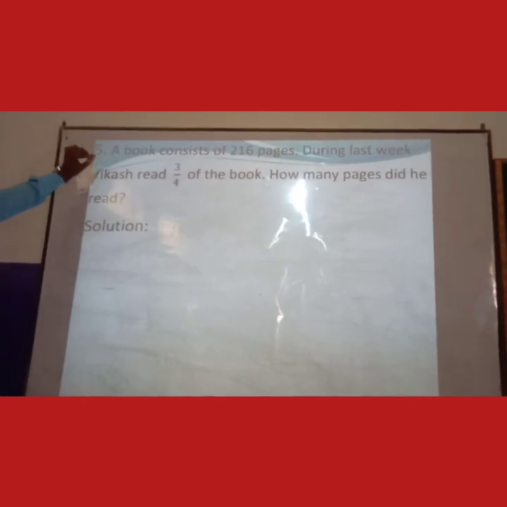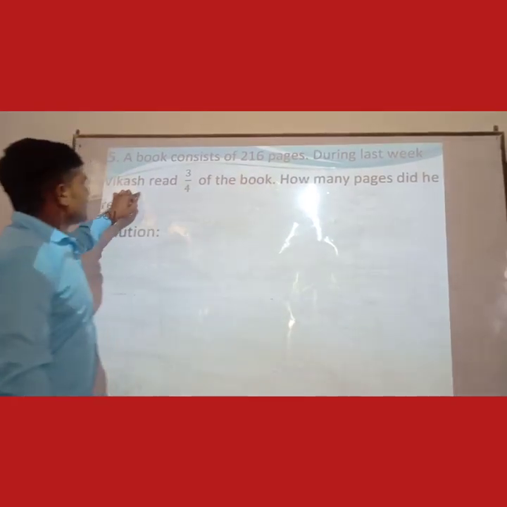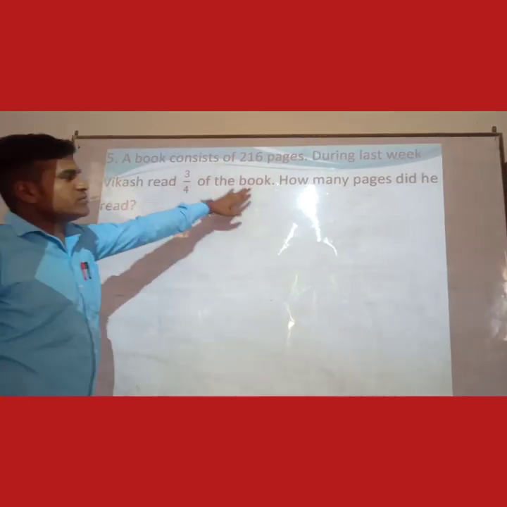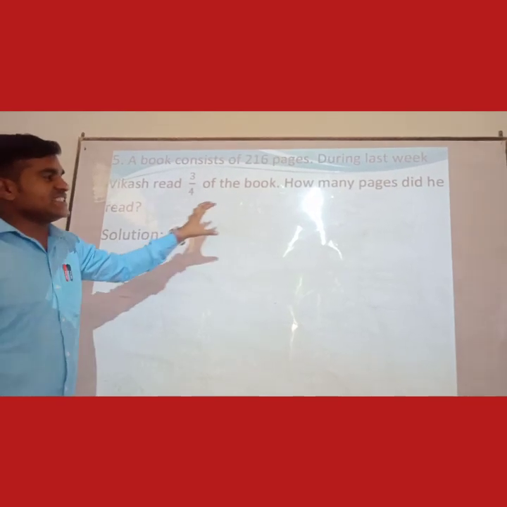Okay. A book consists of 216 pages. During last week, because of rain, he read 3 upon 4 of the book. How many pages did he read? How many pages did he read?